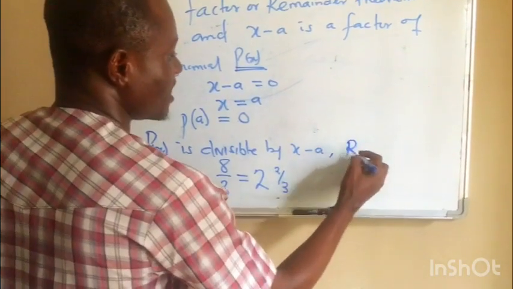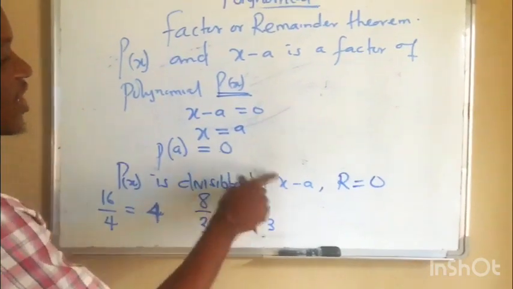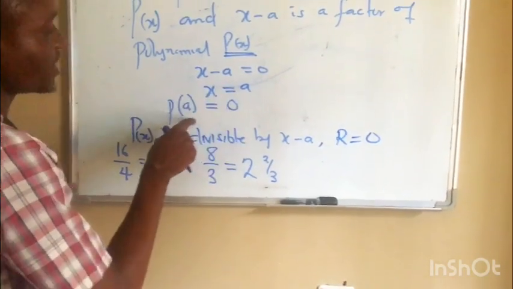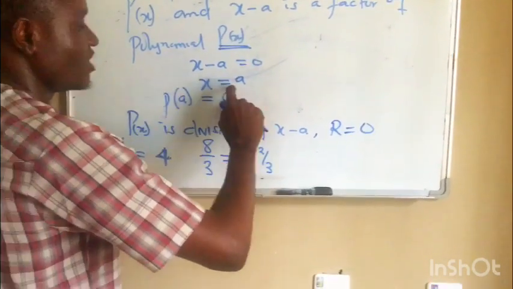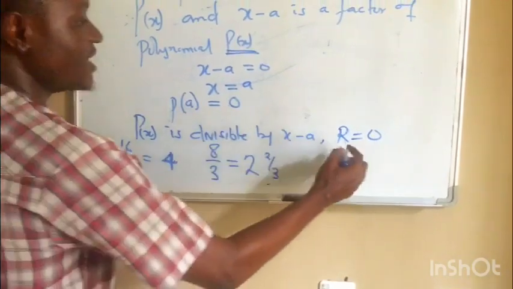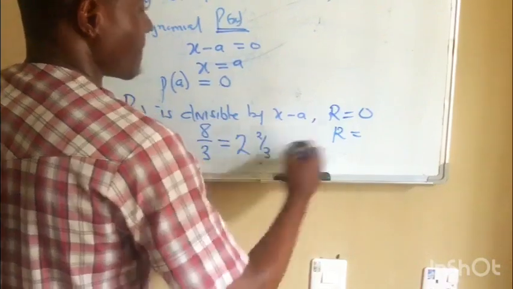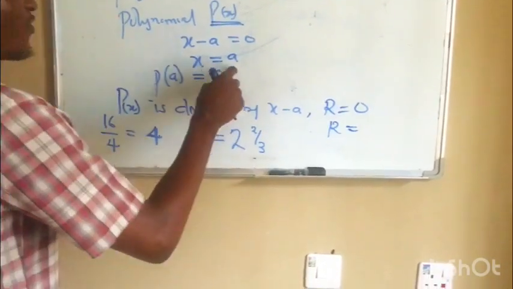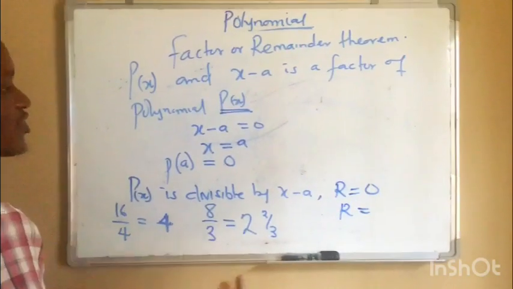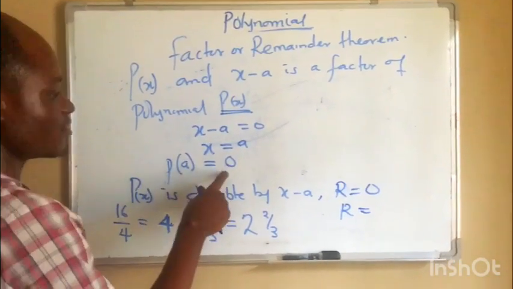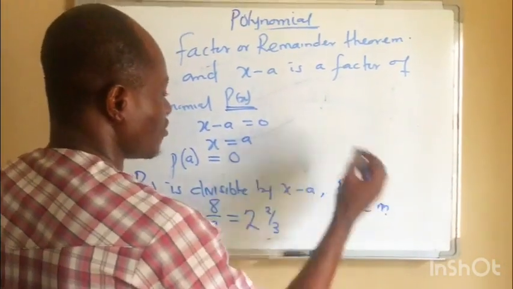But in a situation whereby we substitute x equals a like this, and we don't get 0 at the end, then what is left there is what we call the remainder. That value that we arrive at is the remainder of that polynomial.